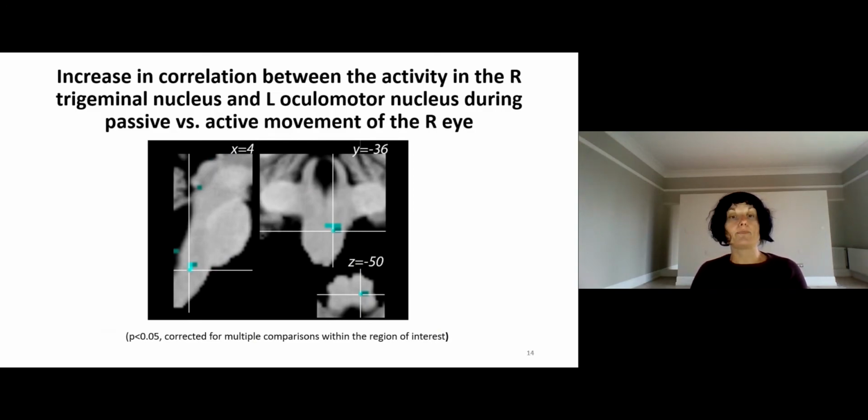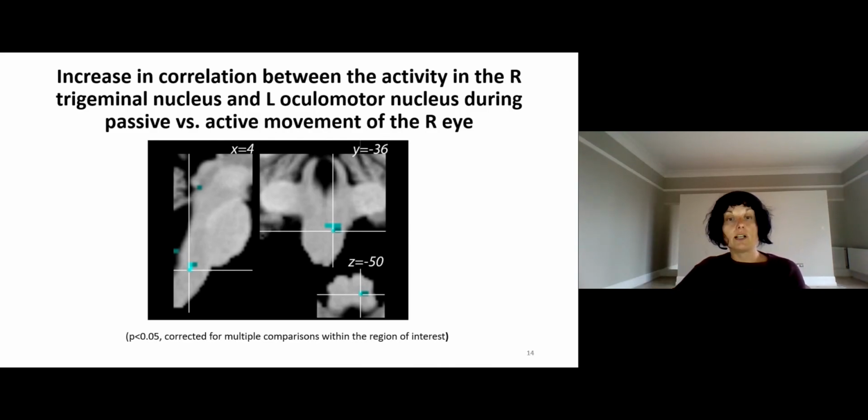To look for functional connectivity, so effective causal connectivity, that is brain areas that drive the activity of another brain area, we used a method called psychophysiological interaction, in which we identified brain areas whose activity correlates with the activity in the left oculomotor nucleus during the passive condition, but not in the active condition, to find out where this activation of the oculomotor nucleus during the passive condition comes from.